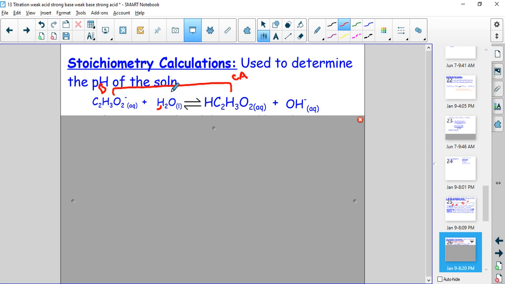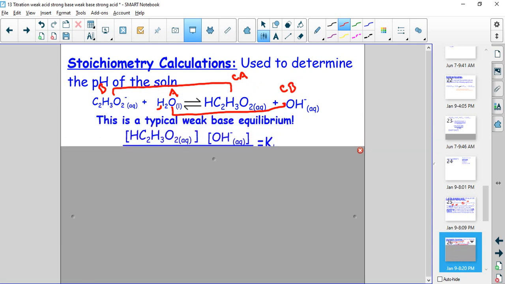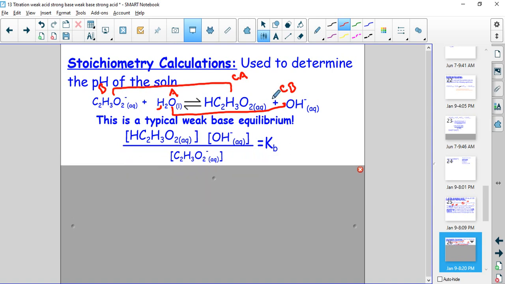Water in this case is behaving like an acid because it is donating a proton. So that's that, and its conjugate is right here. And this, of course, is going to be our conjugate base. Okay, there is an equilibrium expression we can write from this. Products over reactants, we can ignore water, and we have our Kb expression here.